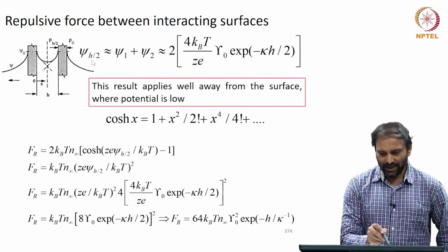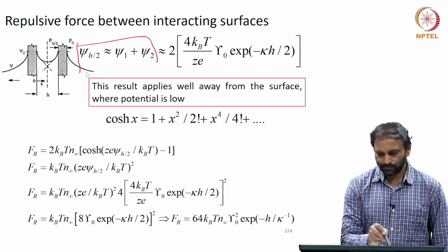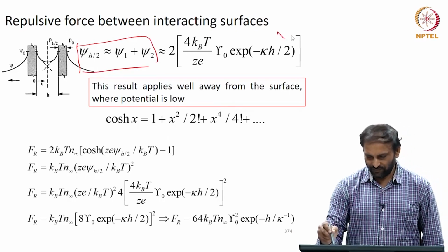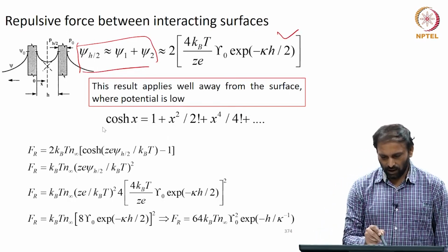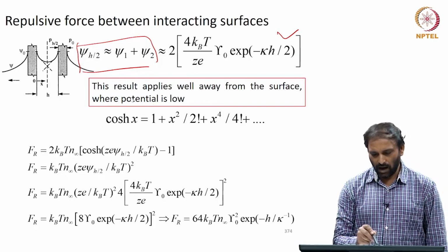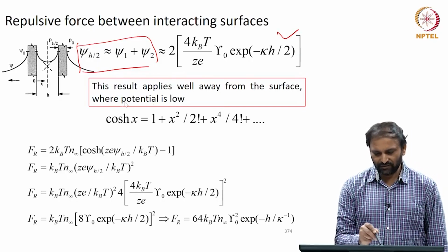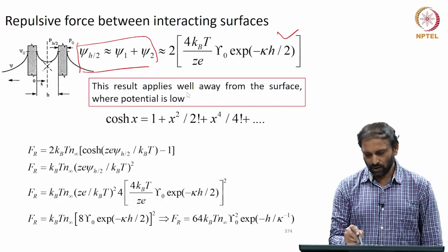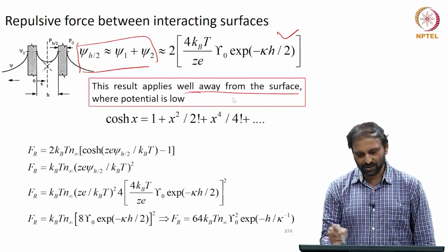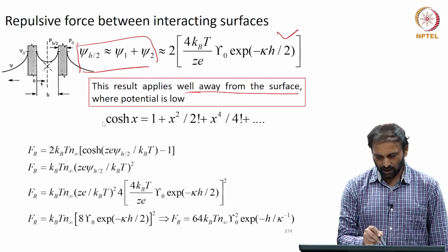So, therefore, we have derived psi at h by 2, and this result applies well away from the surface where the potential is low.